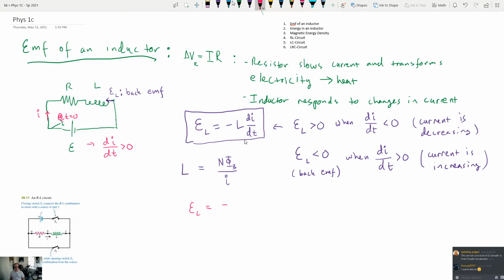So if I plug in L into this equation, we're going to have an N, a phi B, an I, and a di/dt right here. So how do we turn this into Faraday's law? The first thing I could say is, what if we just pull all of these things, the flux and the current, into this equation right here?